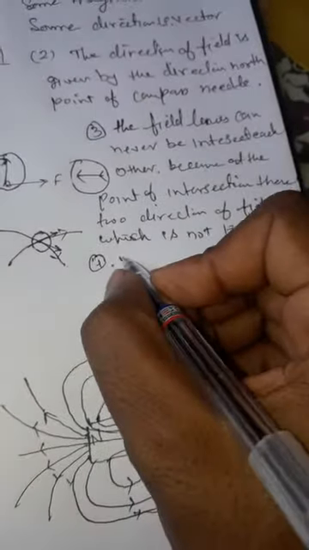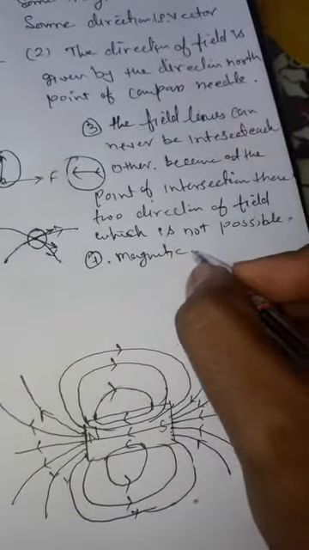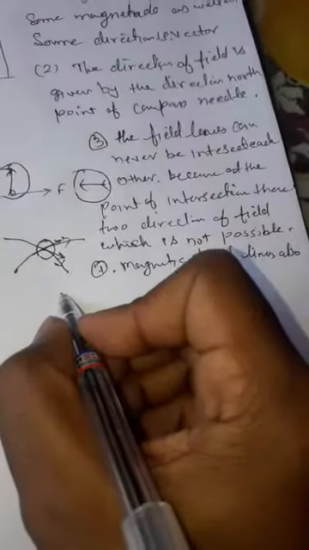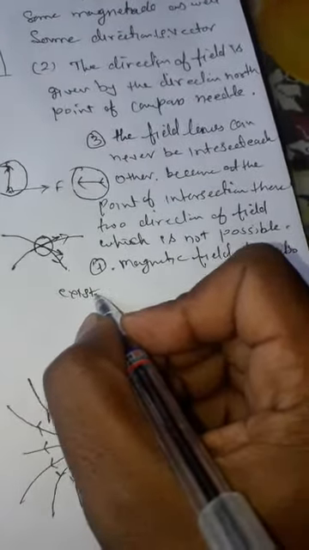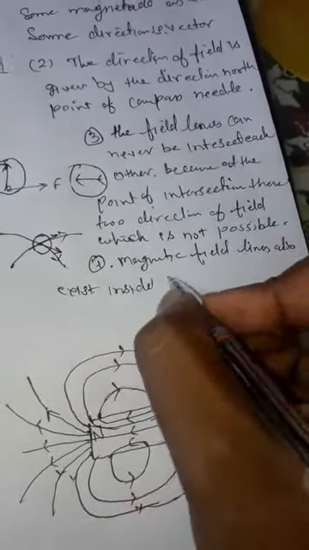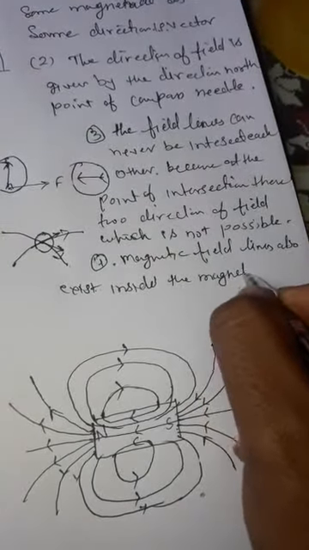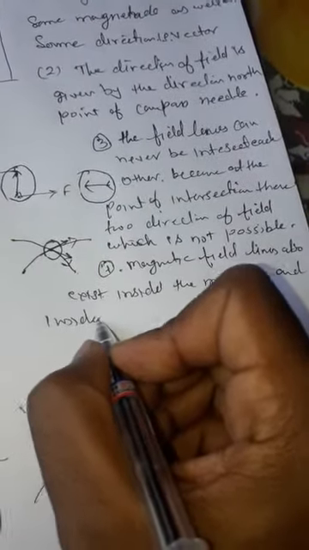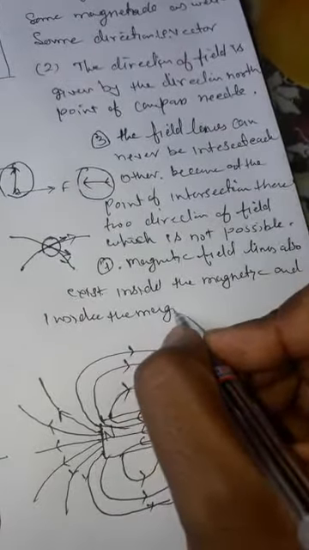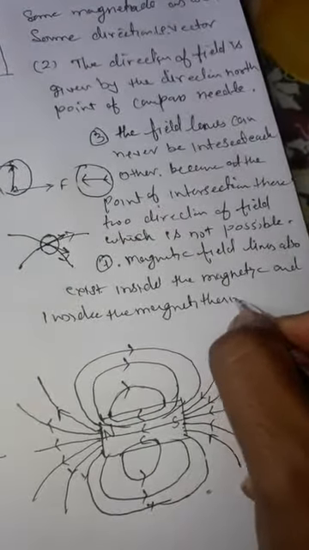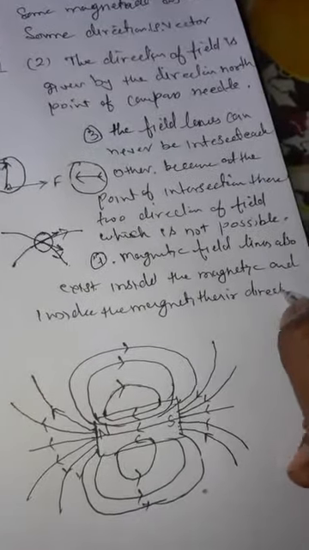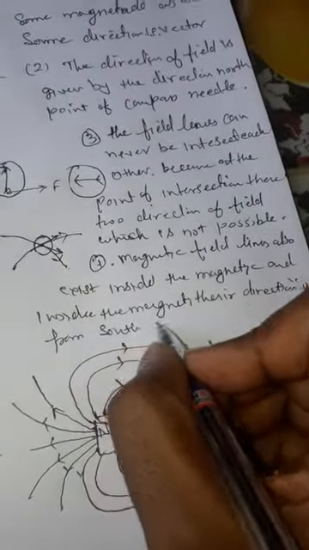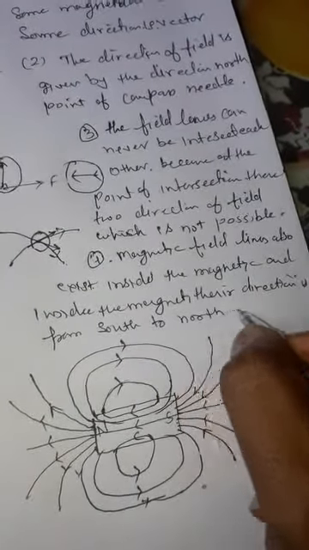So we can write: magnetic field lines also exist inside the magnet, and inside the magnet their direction is from south to north, as shown.